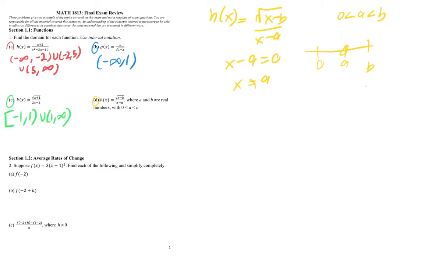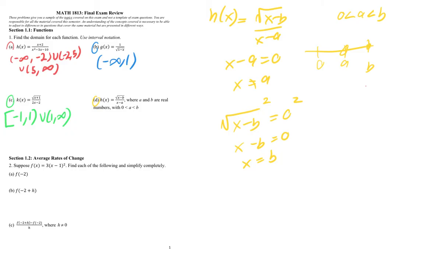And then now we need to find out when our numerator is going to be a negative value, or is equal to 0. So x minus b, it can be equal to 0, but we need to find where it is equal to 0 to determine what it can be less than. 0, we're going to square both sides. So x minus b is equal to 0, so then x is going to be equal to b. We can exist there. We're going to have a circle, and so the only point is 0.